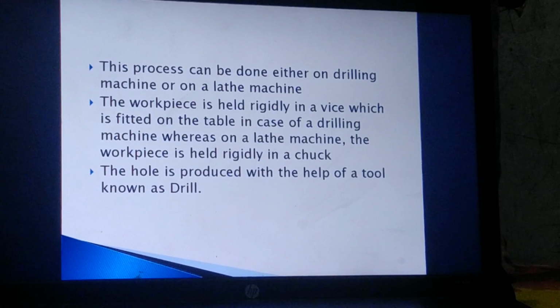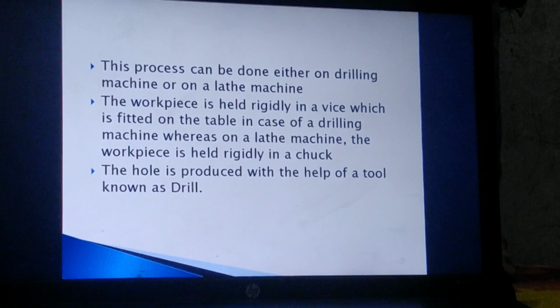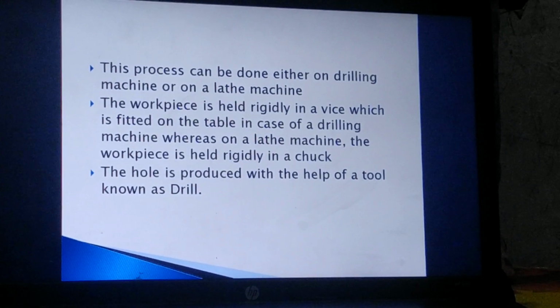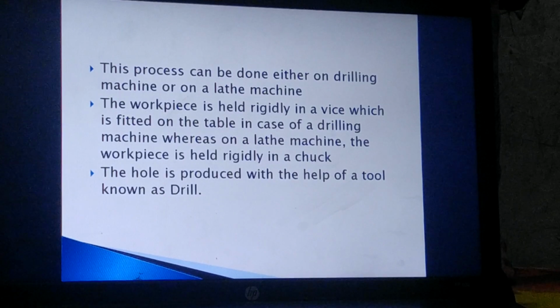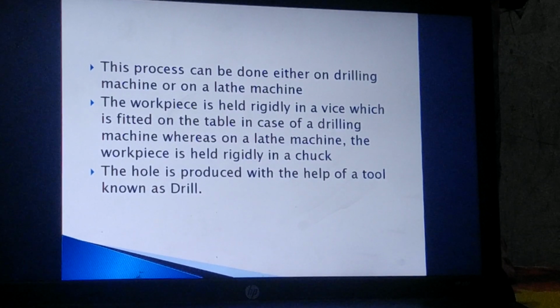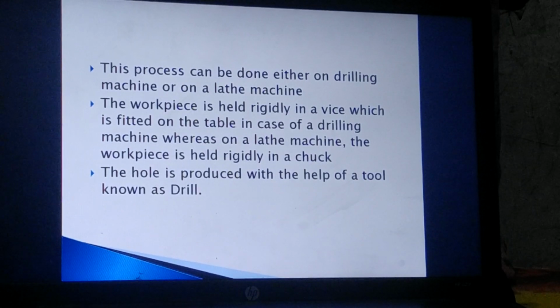We have already discussed that the work is held rigidly in a vise if we are doing the drilling operation on a drilling machine, and if we are doing the drilling on a lathe machine, the work is held rigidly in a chuck. The chuck may be a 3-jaw or 4-jaw chuck. The tool used for producing the holes is known as a drill.